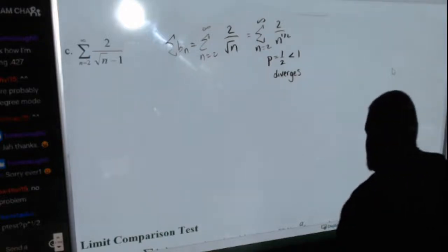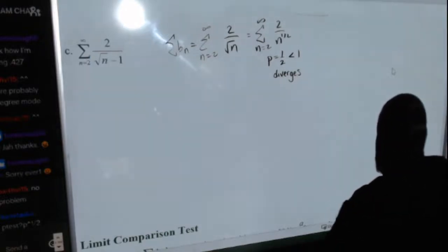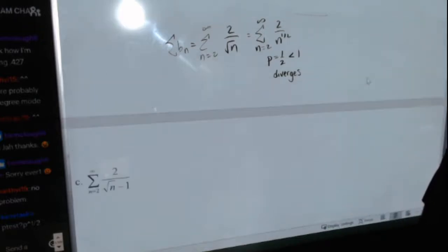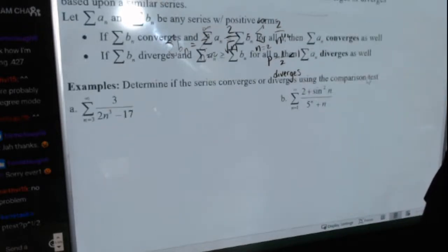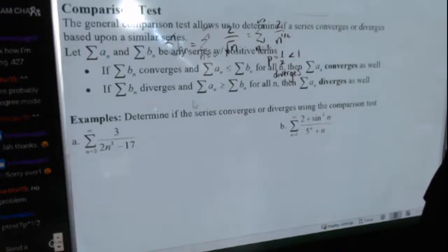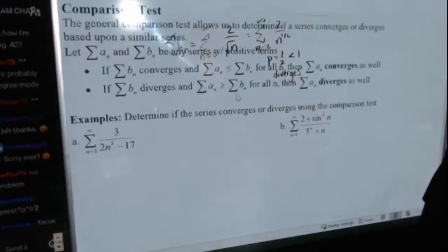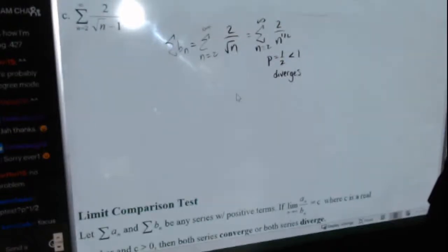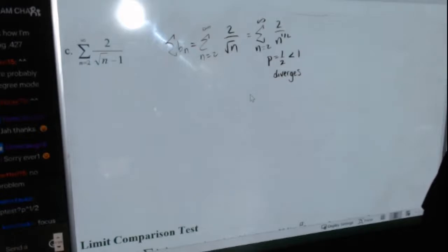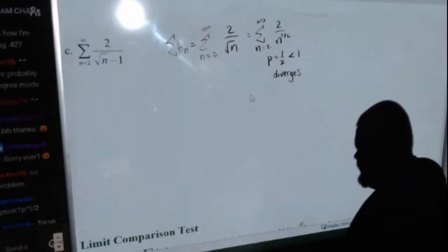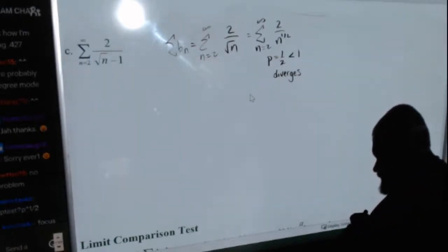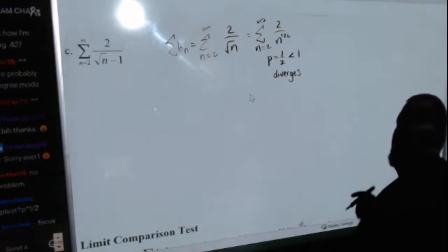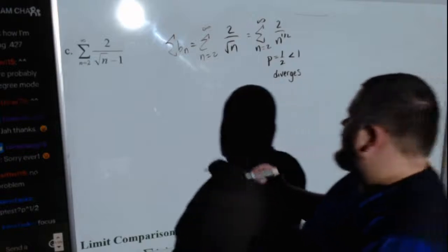Okay, so if that diverges, what we would like to happen is for a sub n to be greater than b sub n. So again, let's take the first couple terms.